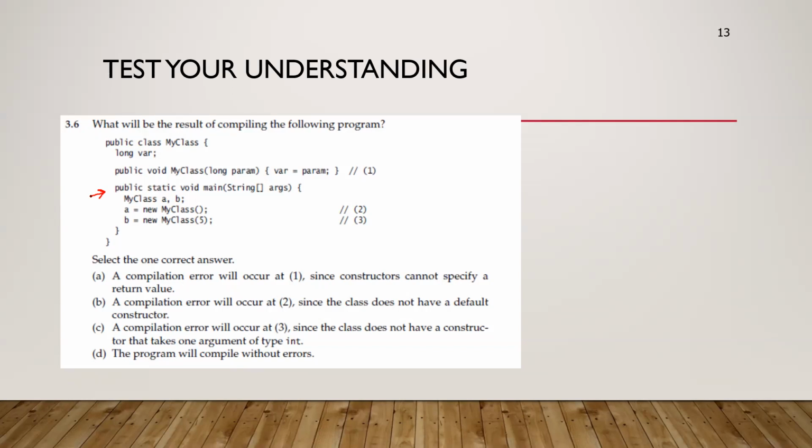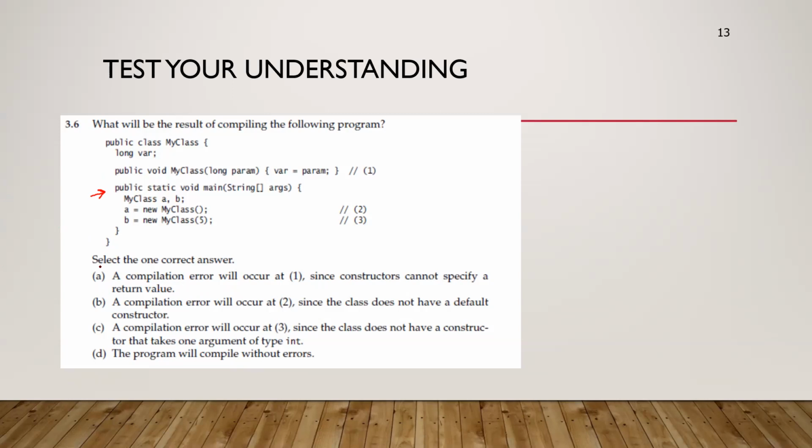Okay, so let's go one by one and see what is happening. If I look at this particular line, the option says a compilation error will occur at 1 since a constructor cannot specify a return value. That is true, but this is something very interesting.